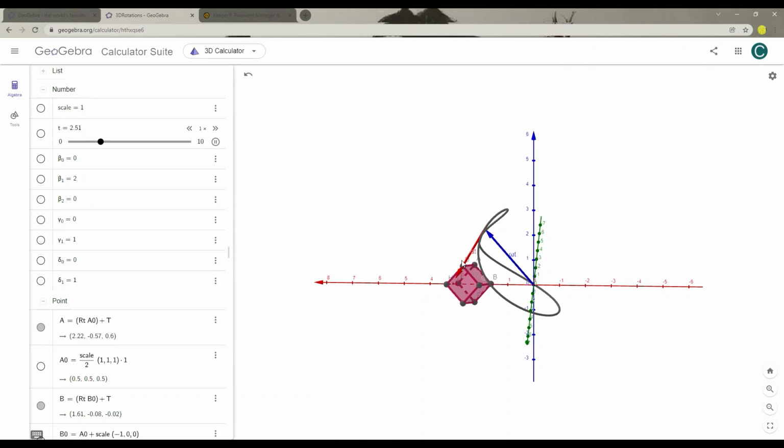In fact, the motion of every point is associated with that rotation, but then just a simple vector addition.